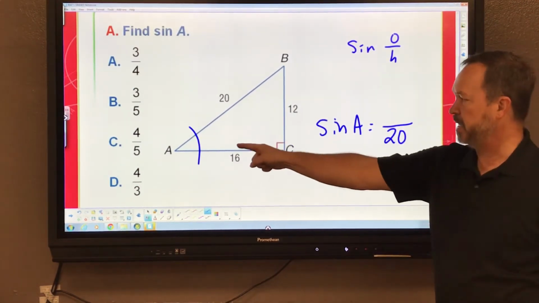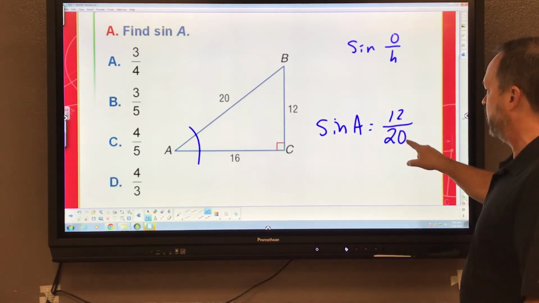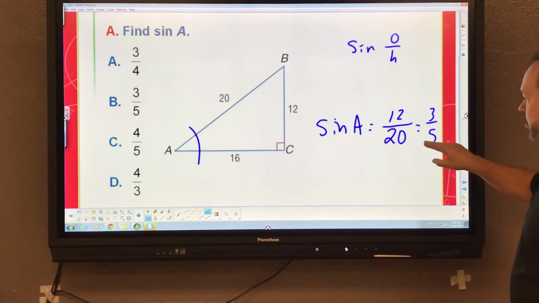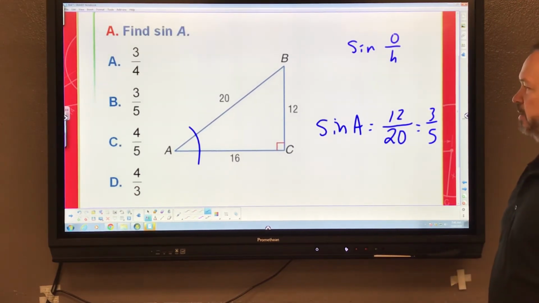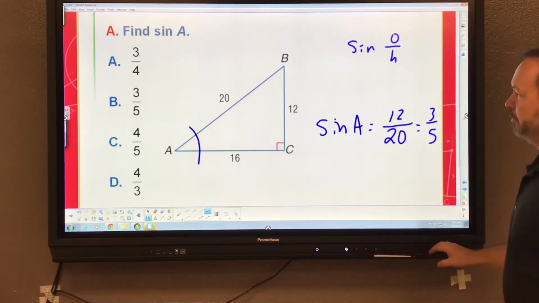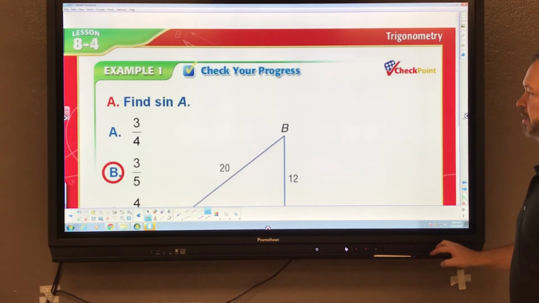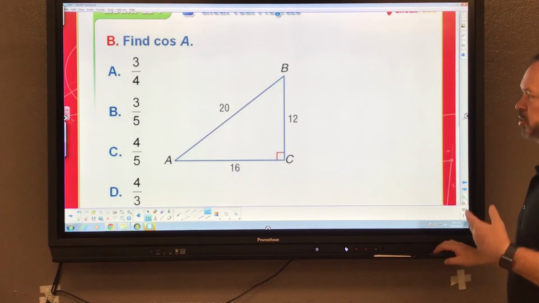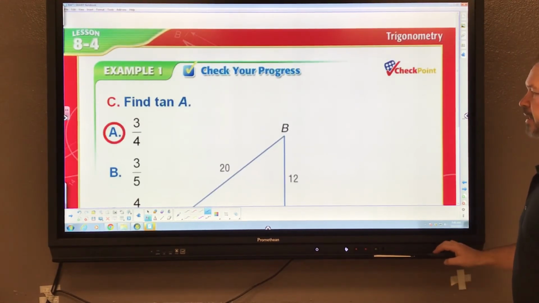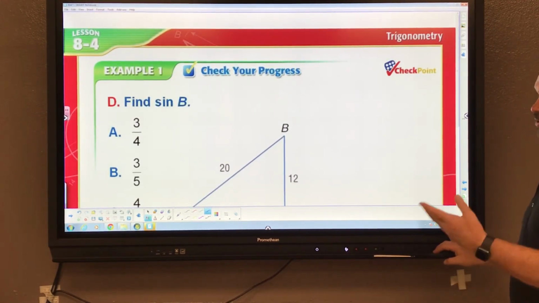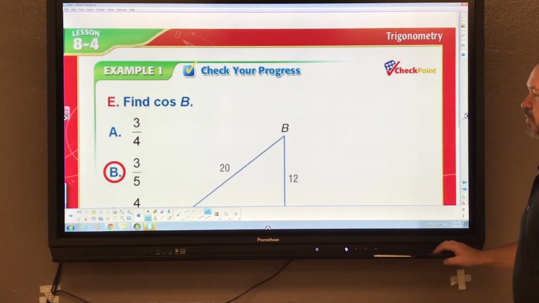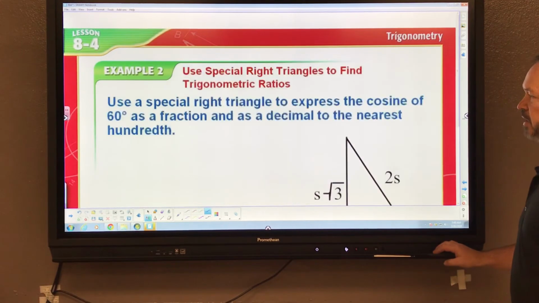Opposite of A is 12, which reduces, because both of those will divide by 4, to 3/5, which is answer B. You could go through and do every one of these. It's the same stuff we just did, just practice that we could look at and relate to. And of course, they're going to be reducible fractions in most of those cases that we would have looked through and seen if we had this in a regular class.